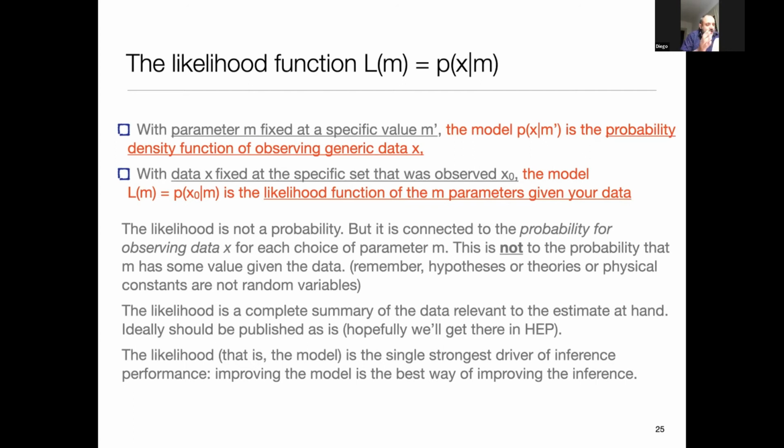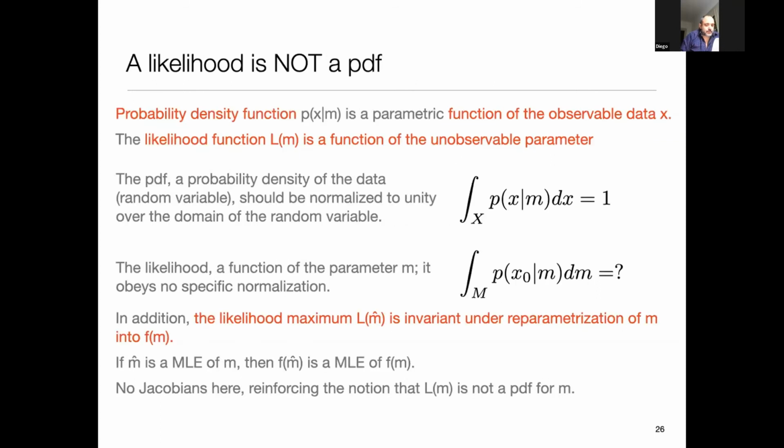So, to summarize, the likelihood is an interpretation of the model P of X given M, where data is fixed and the model is only a function of the physics parameter M. You have to remember that a likelihood, even if the mathematical form is the same, is not a probability density function, because the probability density function P of X given M is a parametric function of the observable X. So this is a function of observable X. If you plot it, you have X on the horizontal axis.